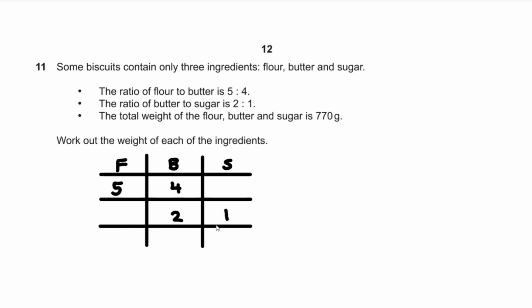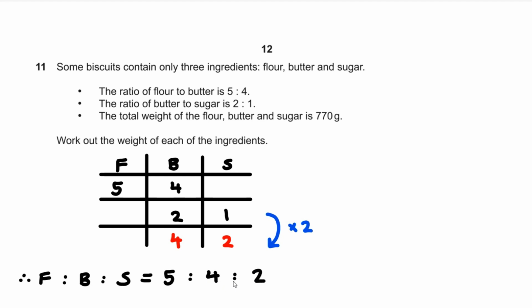We can find the equivalent ratio by multiplying by 2, which leaves us with 4:2, meaning the ratio of flour to butter to sugar equals 5:4:2.